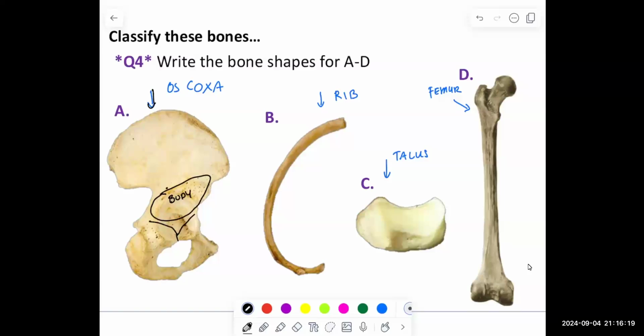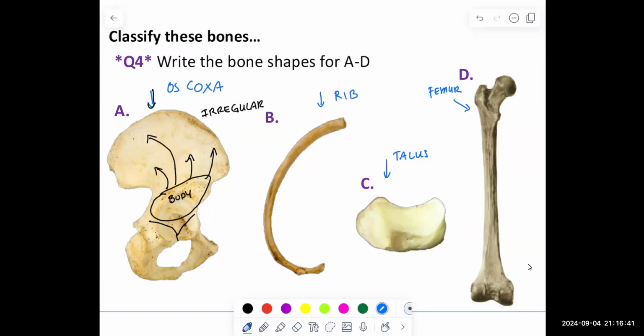So that means it grows these crazy extensions, which classifies that one as what type of bone? Irregular. It grows an extension, just like the vertebrae has parts coming out of it, which makes it irregular.